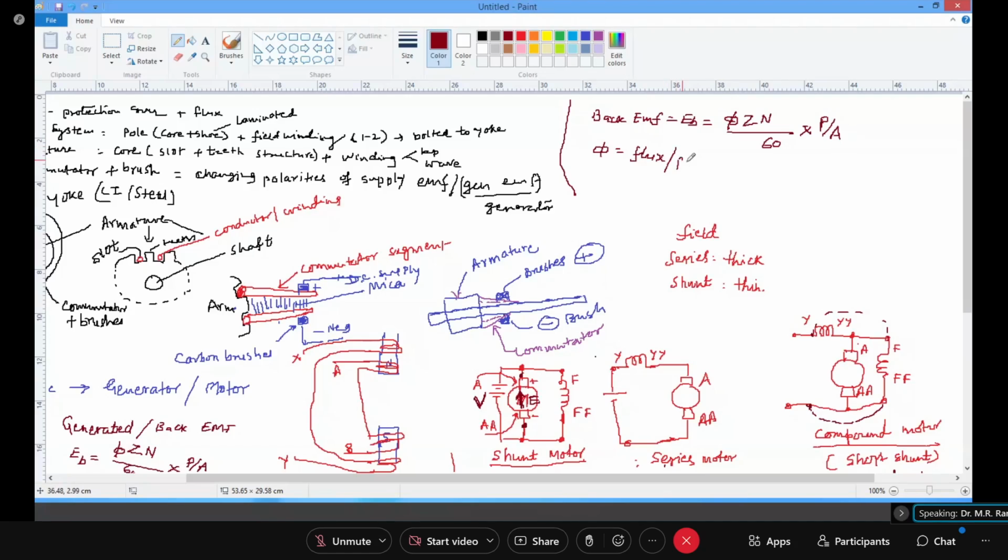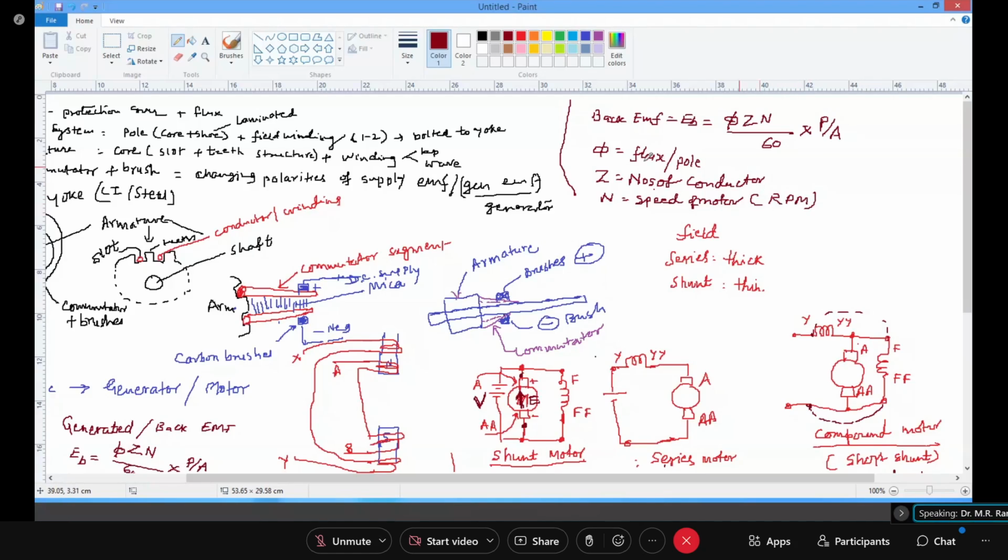You can have any number of poles. I have shown just a 2-pole machine, but you can have 4 poles, 6 poles, and so on. Z is the number of armature conductors, and N is the speed of the motor in revolutions per minute.